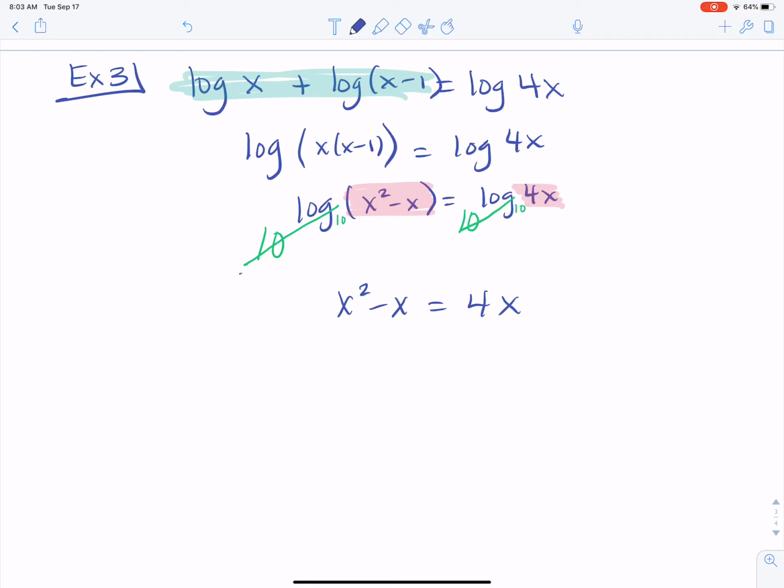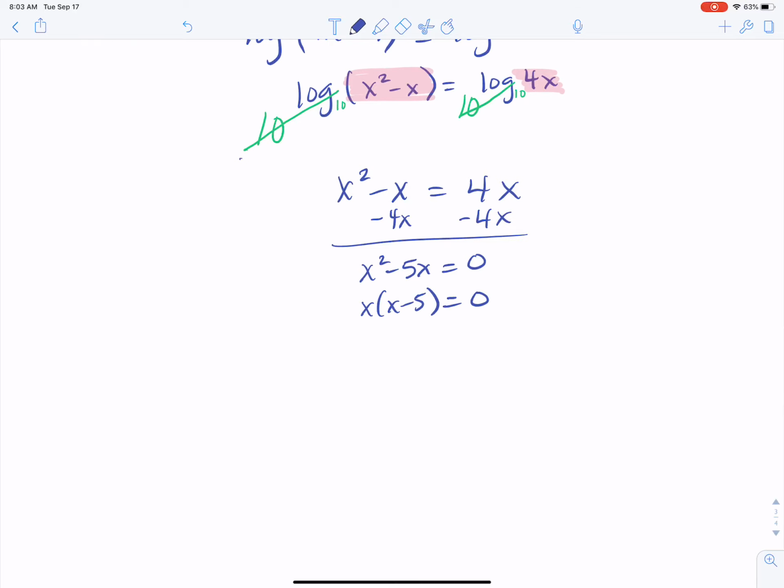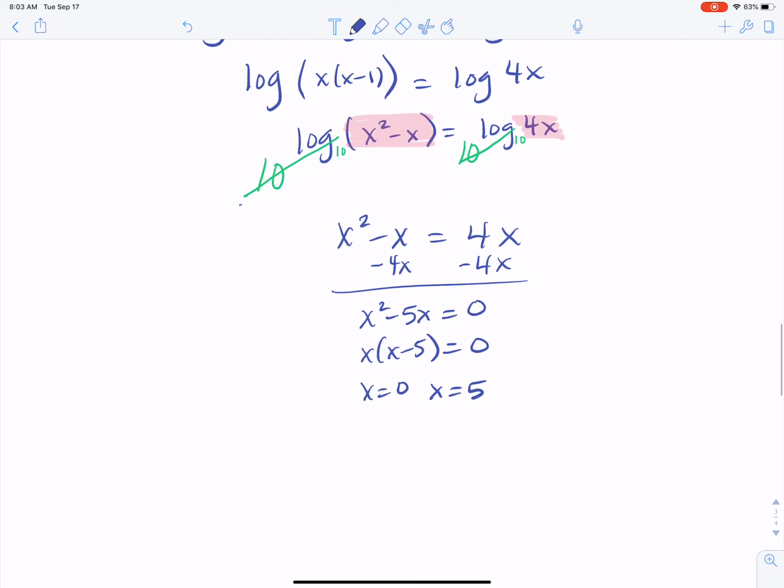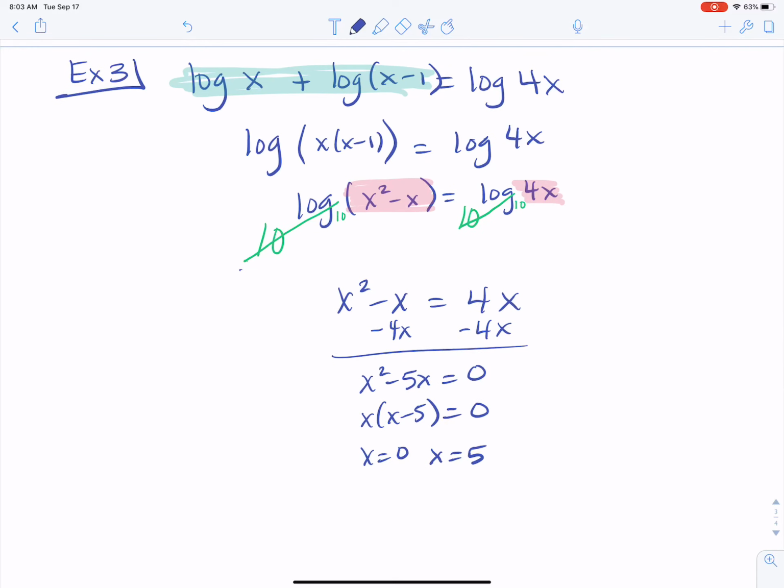So we've got a quadratic we need to solve. Subtract 4x from both sides. You're going to get x squared minus 5x equals 0. Factor out the x. So x equals 0 or x equals 5. If you go back and check the original problem, x equaling 0 is a big no-no.